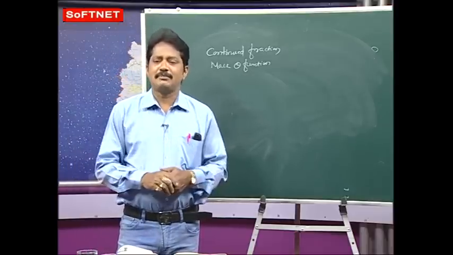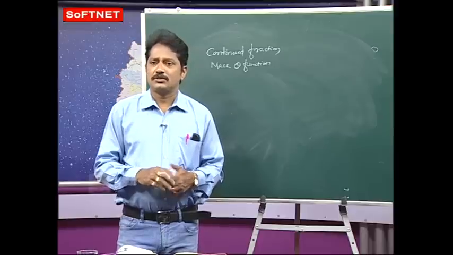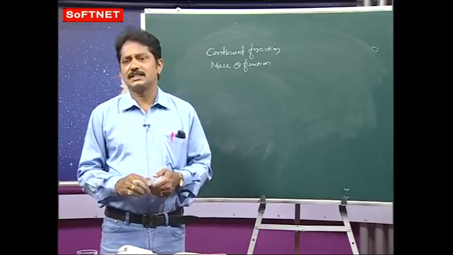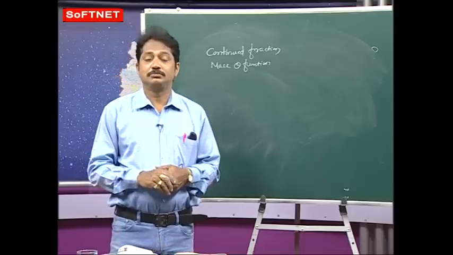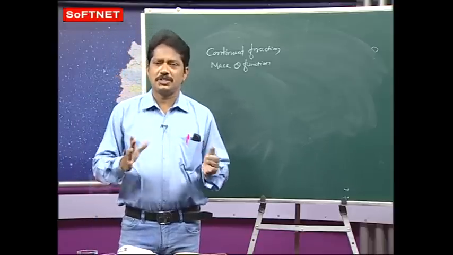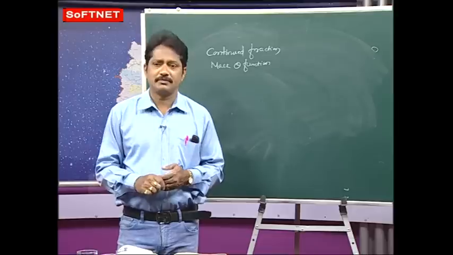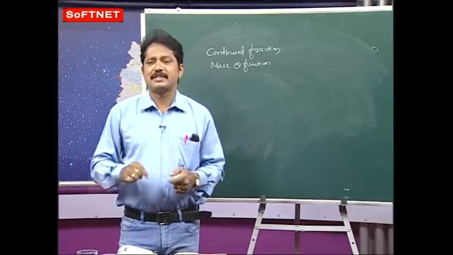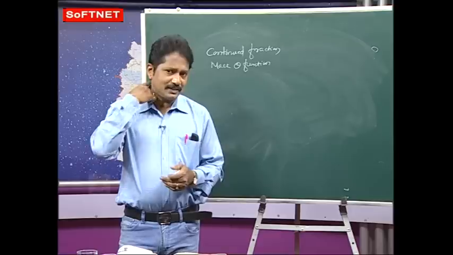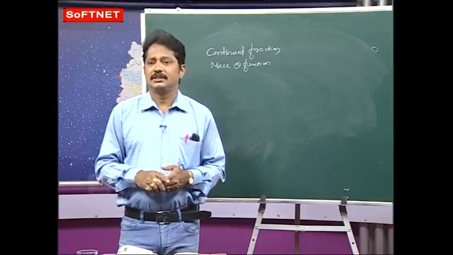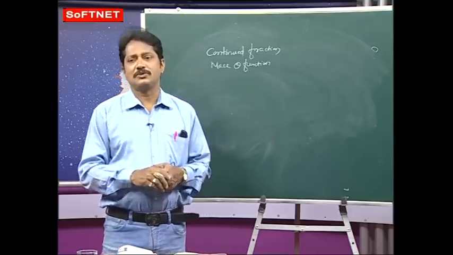So at the time, just the next day, I think he was going to die. So you can understand the health condition of Ramanujan. At the time, his friend Hardy wanted to see how he was.